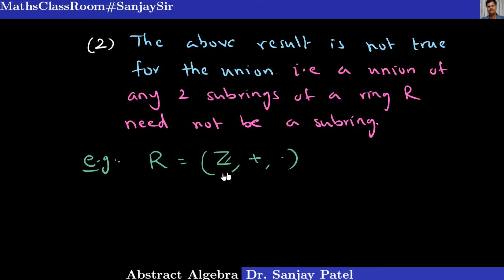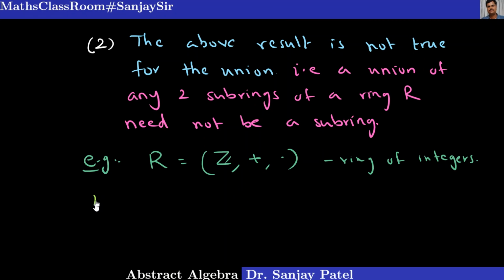R means ring, and we are taking the ring to be the ring of integers. We'll write in short. This is the ring of integers. And let me take two subrings. We know infinitely many subrings of this. If you take any integer n, then all multiples of n form a subring. So I am taking S1 as one subring and S2 as another subring from the ring R.